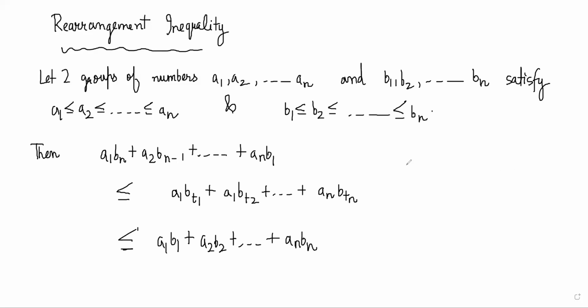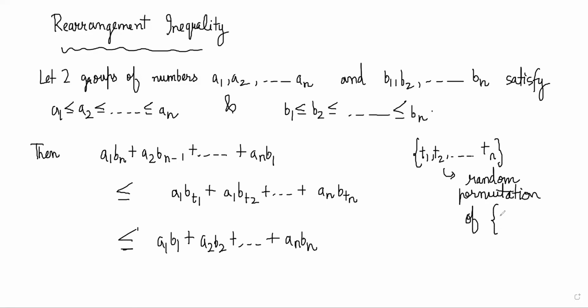Now here T1, T2, till TN is a random permutation of the sequence of numbers 1 to n.